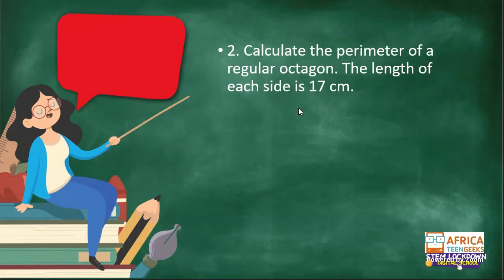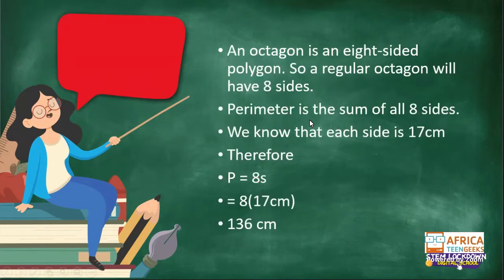Remember, multiplication is also known as repeated addition. So if you don't want to multiply 17 by 8, you can add 17 plus 17 plus 17 8 times. So there will be 8 of those, and then you add them together to get the final answer, which will be your perimeter.